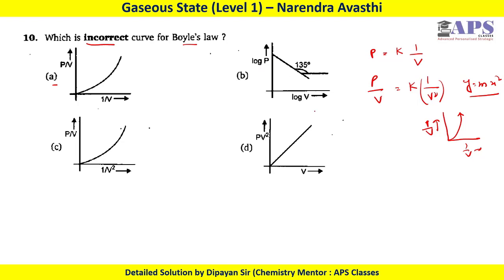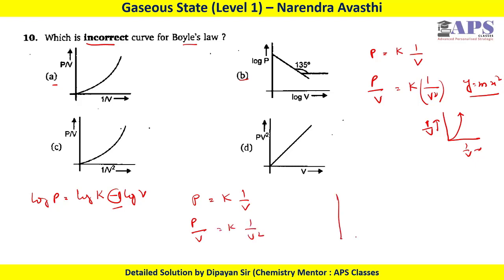If we plot log P versus log V, okay, so log P equal to log K minus log V. So this minus one will be the slope. So option B is also a correct option, but we have to find the incorrect option. Okay, so again we can write P equal to K times 1 by V, or P by V equal to K times 1 by V square.